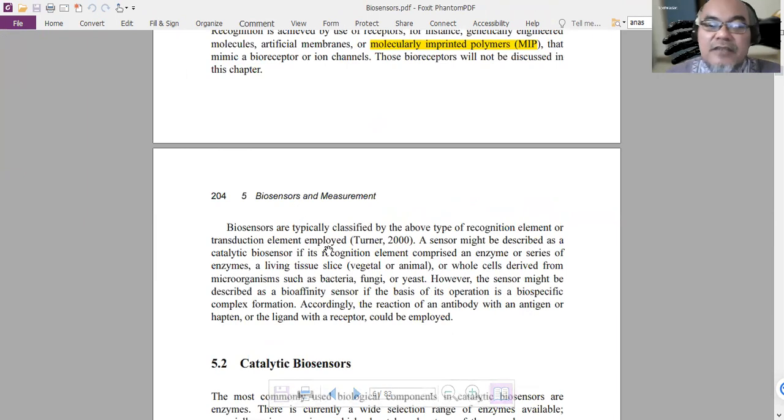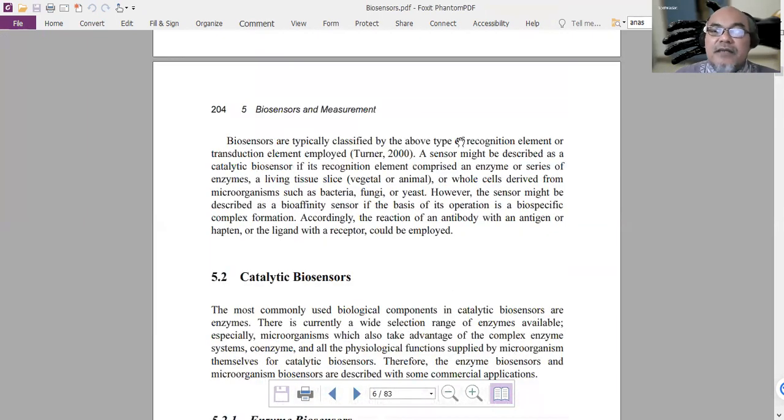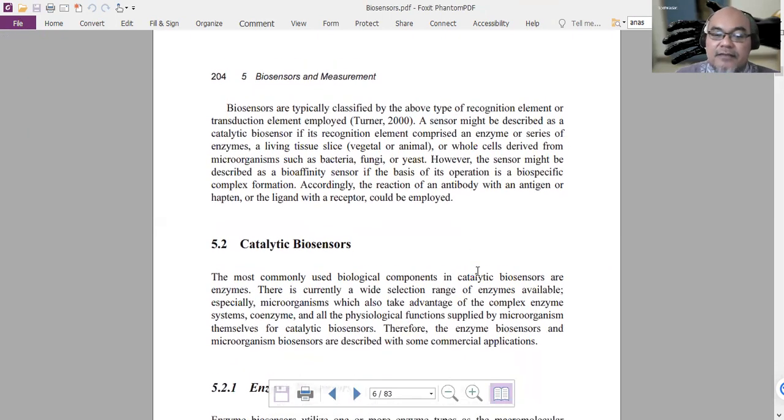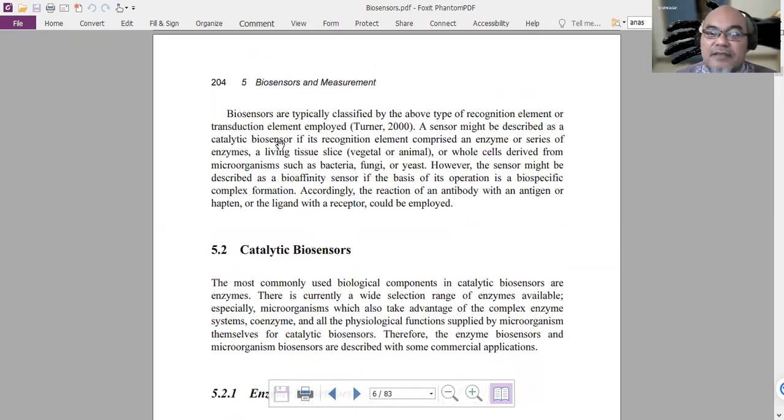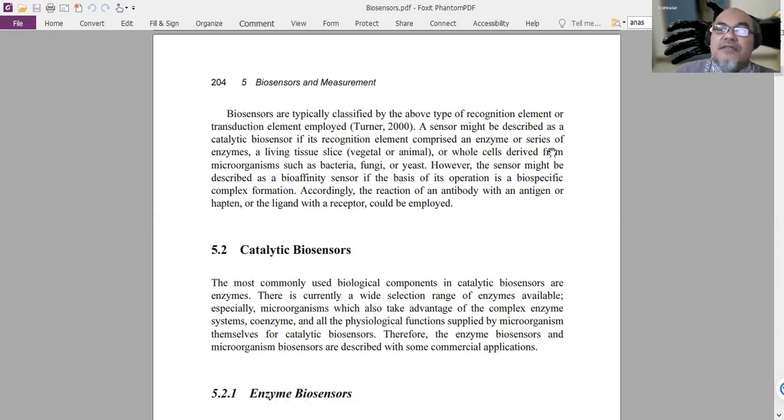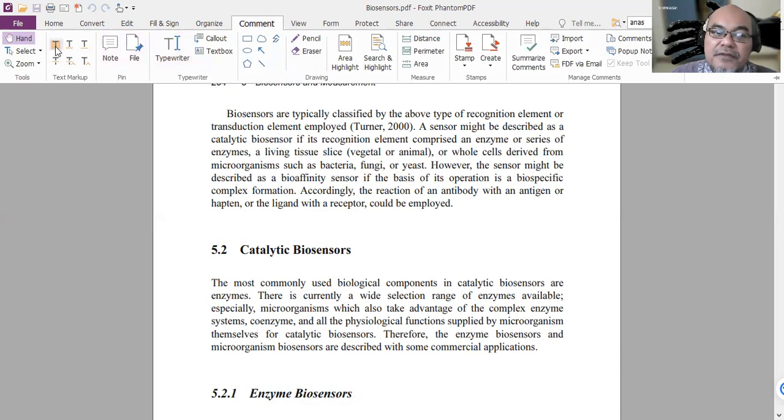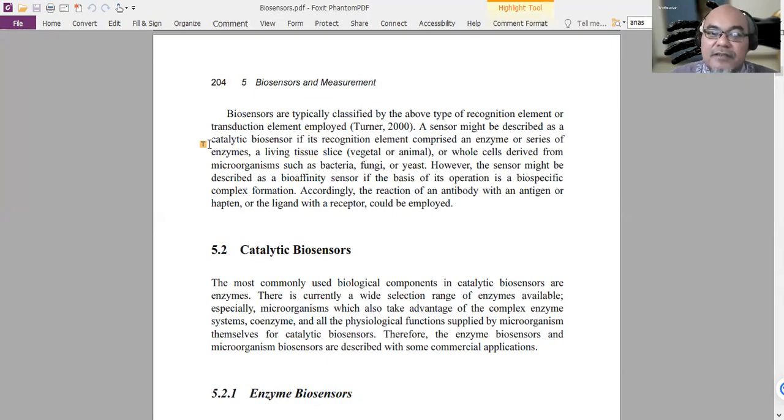So basically, biosensors are typically classified by the type of recognition element or transduction element. A sensor might be described as a catalytic biosensor if its recognition element comprises an enzyme or series of enzymes, or a living tissue or whole cells derived from microorganisms such as bacteria, fungi, or yeast. However, the sensor might be described as bioaffinity. So those 5 are the main classification of bio recognition element, but for the type of biosensor itself, there are 2 main classes.